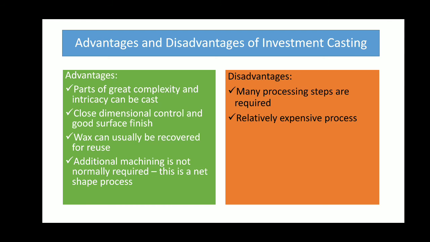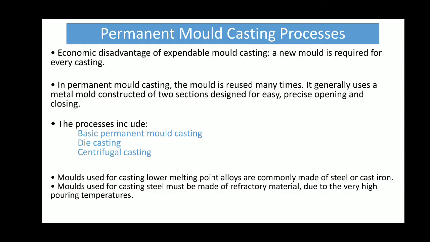Next, we'll come to the permanent mold casting process. Whatever we have previously discussed, like sand casting and similarly this investment casting, are kind of expendable mold processes. That means at the final stage we break the mold so as to take out the cast product. Now we're talking about the permanent mold casting process.